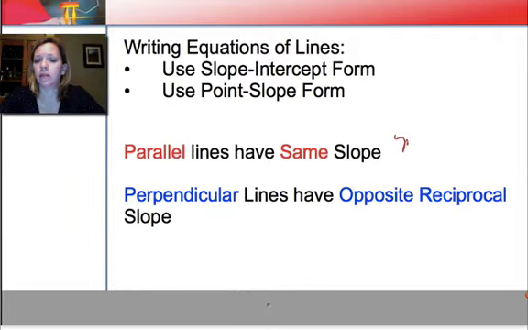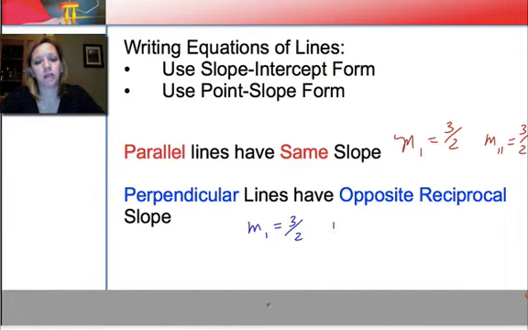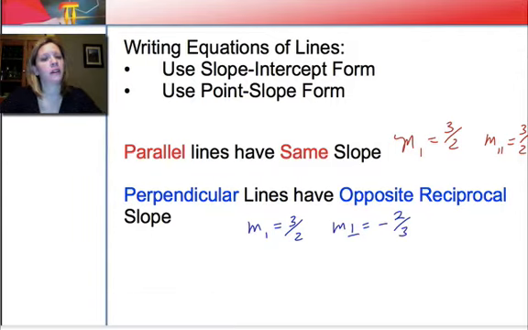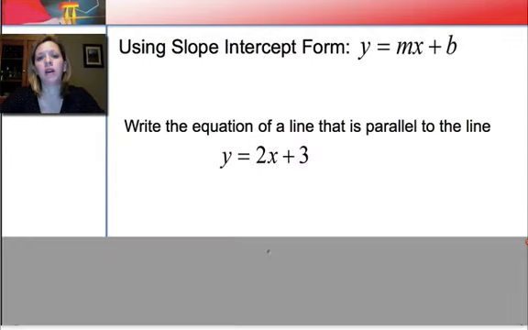For example, if one slope was 3/2, a parallel slope would be 3/2. For perpendicular lines, if one slope was 3/2, a perpendicular slope would be negative 2/3. We learned that in the first segment of this coordinate geometry lesson.